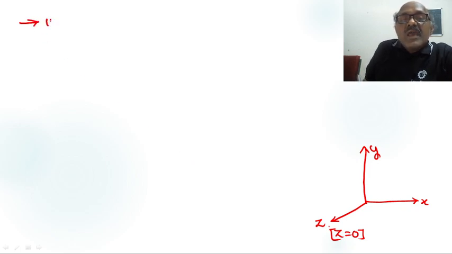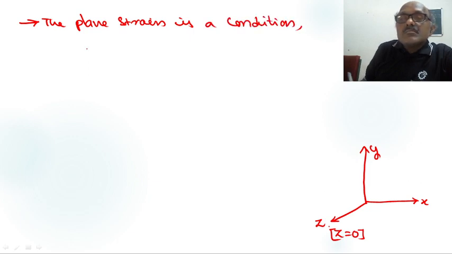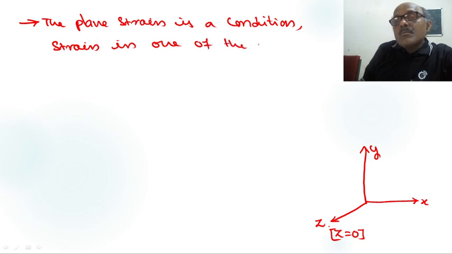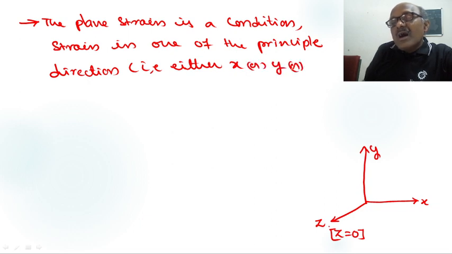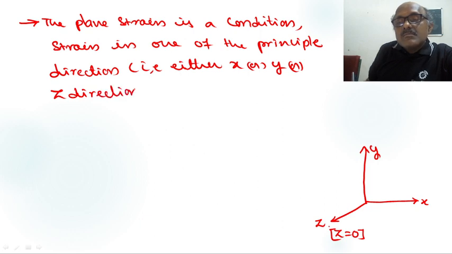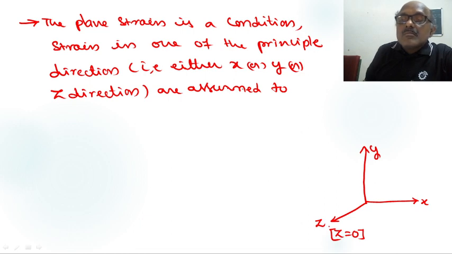Now, plane strain is a condition where the strain in one of the principal directions, that is either x or y or z direction, is assumed to be 0.